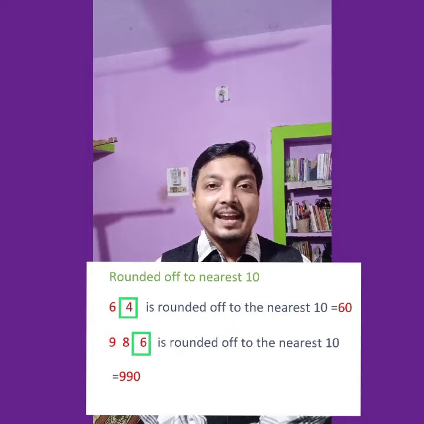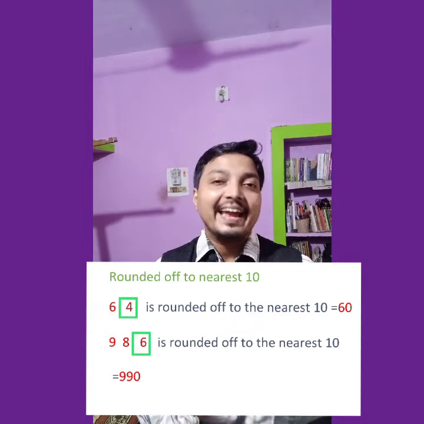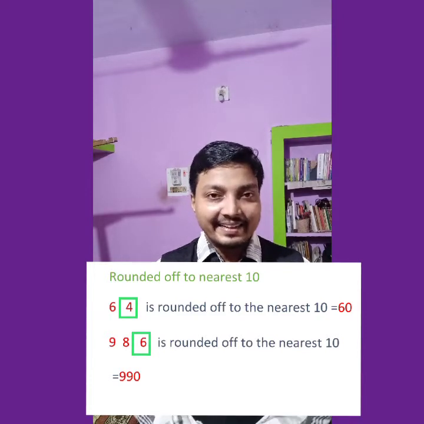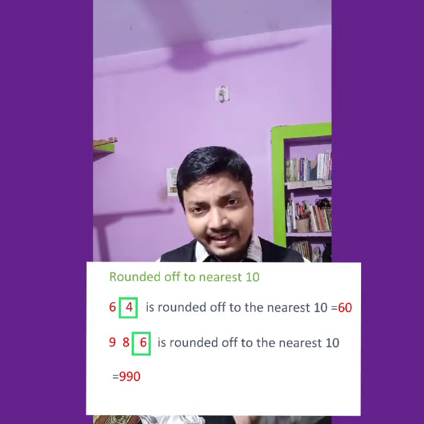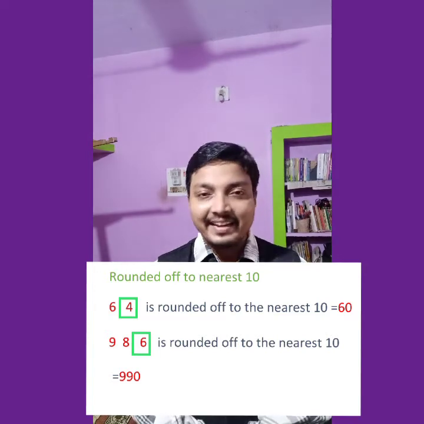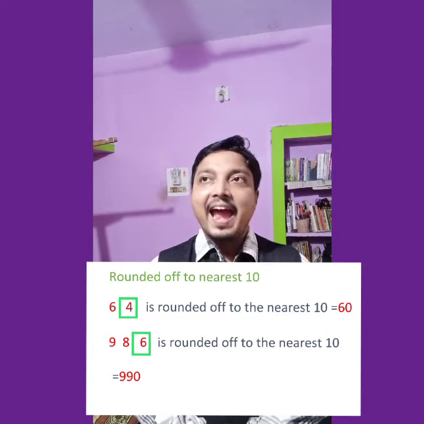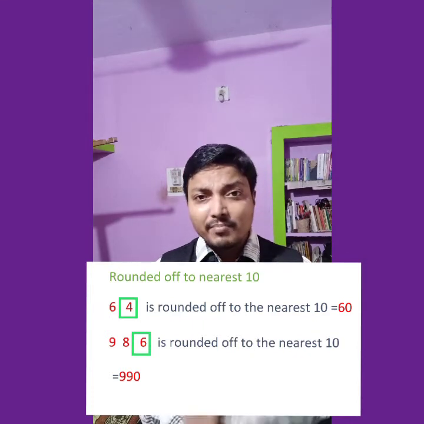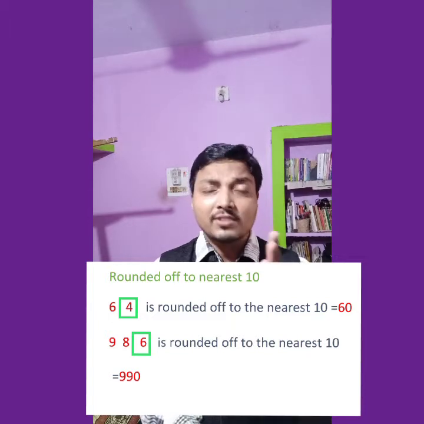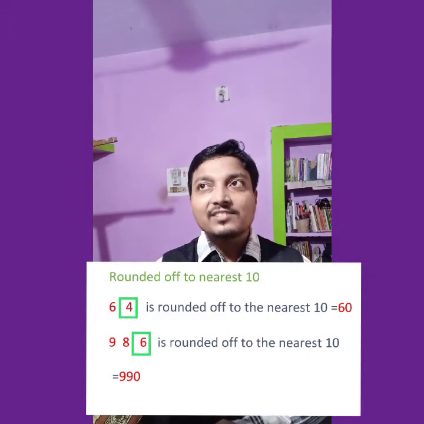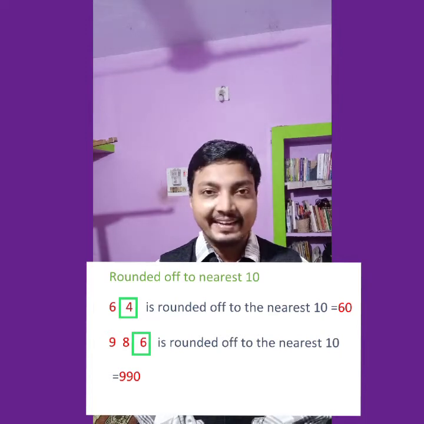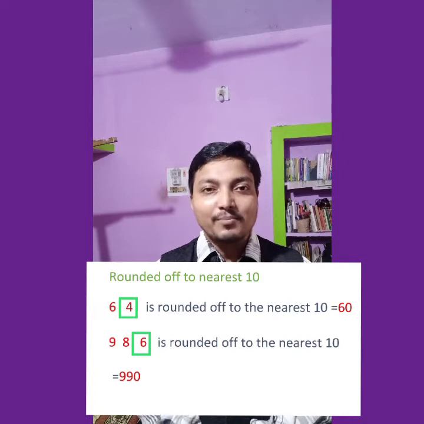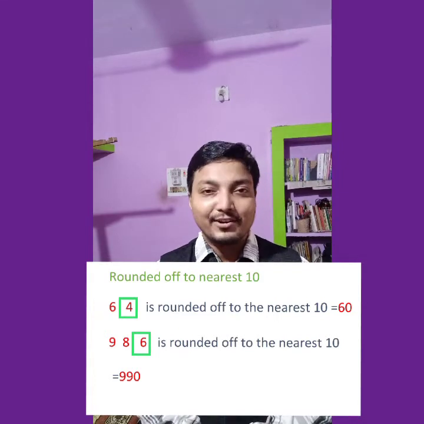It lies between 98 tens and 99 tens, otherwise 980 and 990. 980 means 98 tens and 990 means 99 tens. 986 is a gap of 6 from 980, and a gap of 4 from 990. As the gap from 990 is less, the nearest 10 is 990.